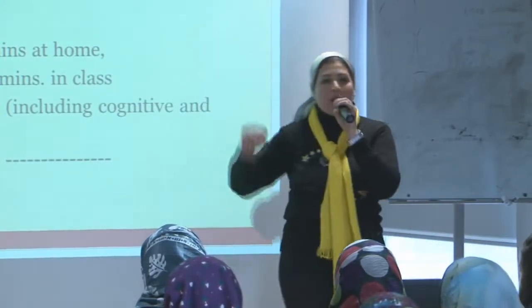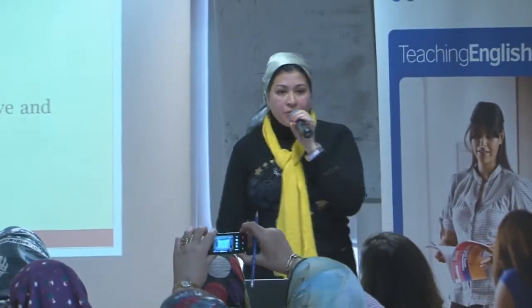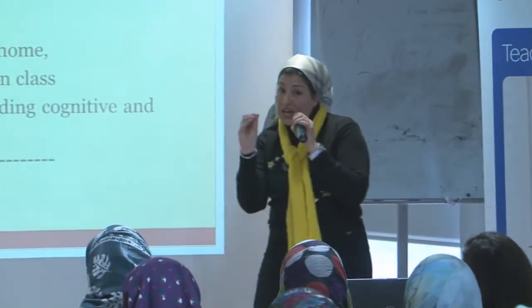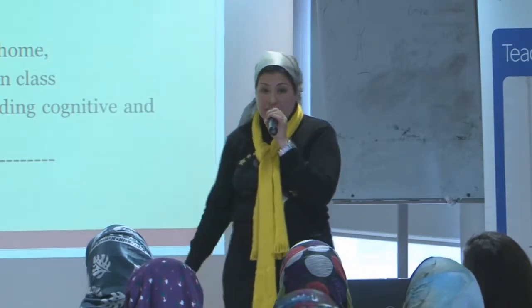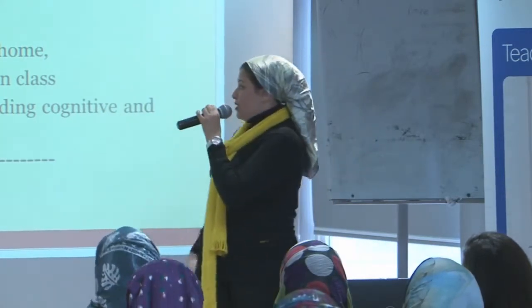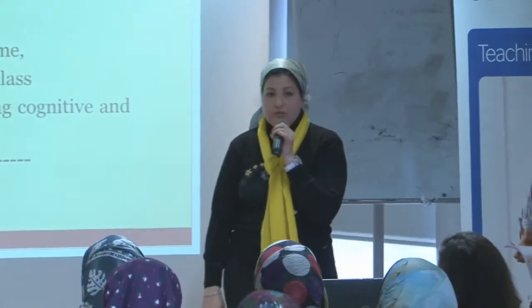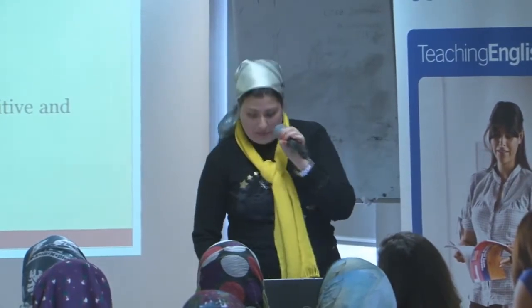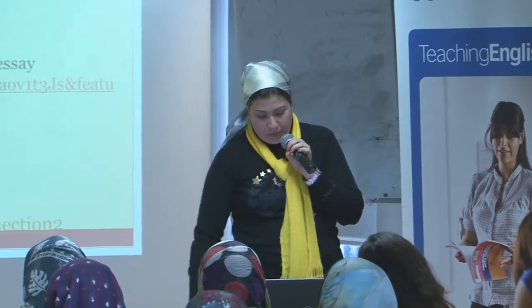You have to consider the time that should be spent at home, which we never thought of before in homework. We just give them homework. You have to think how much of their time will be allocated to this lesson. Learning objectives: your objectives should include cognitive and behavioral objectives, because you're now testing higher cognitive skills, as we said. So, students will be able to.